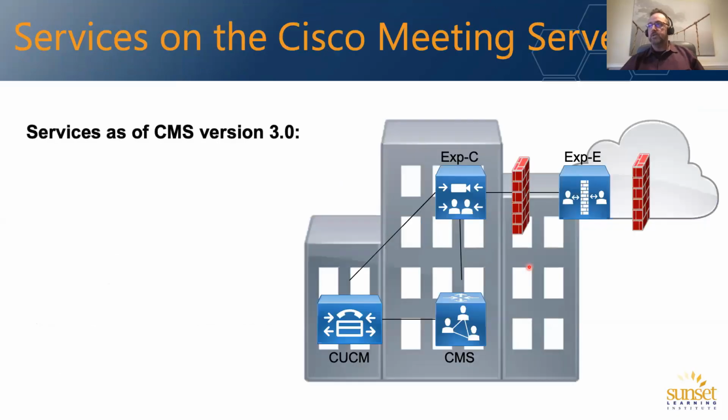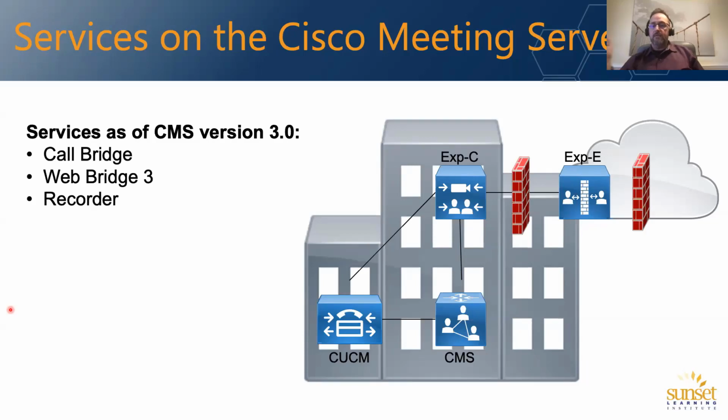Now, in some situations, it can't be avoided. Maybe you're running a single combined server deployment, kind of like what you see here. And so I only have one CMS, but I want to use call bridge service and recorder service. What do I do then? In that instance, you may have to enable both of them on the same server.